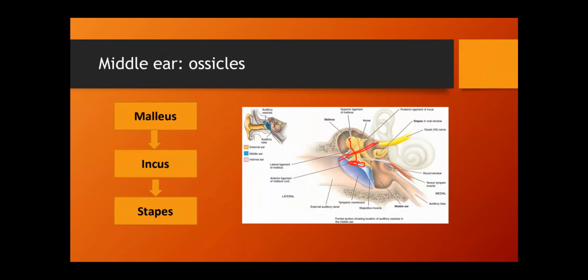The malleus articulates with the incus, forming the incudomalleolar joint, and then the incus has a process that goes inferiorly to articulate with the stapes, which is attached to the oval window.